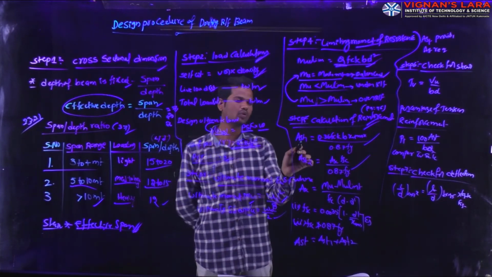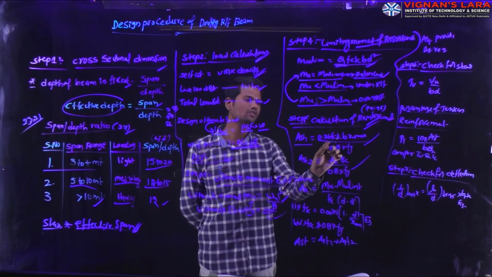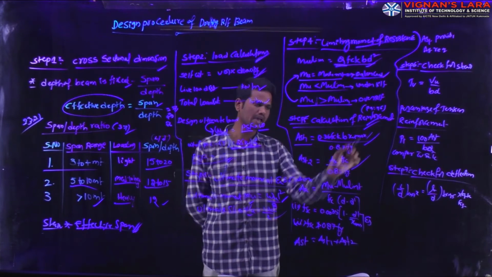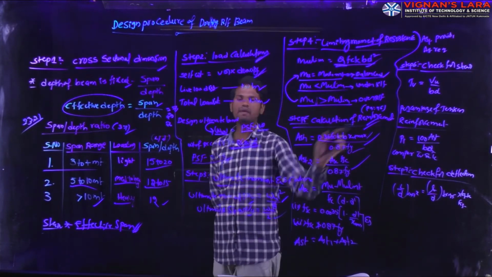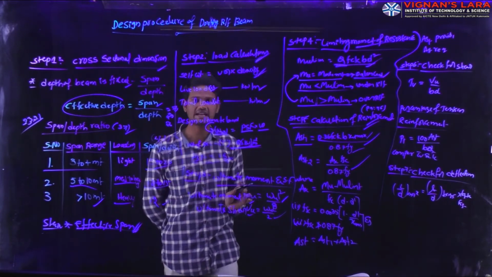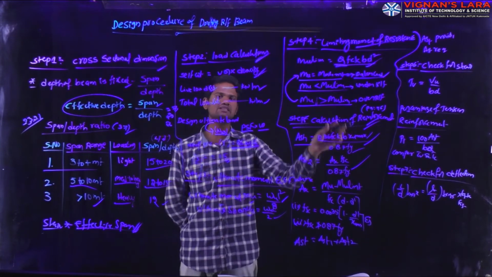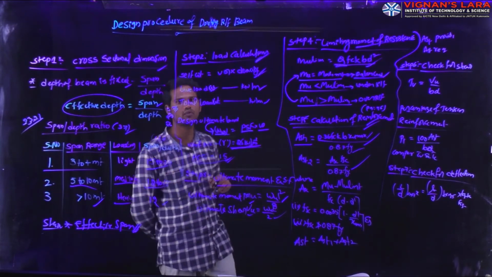For limiting moment, area of steel Ast1 equals 0.36 into fck into b into xu max divided by 0.87 into fy. Here I have mentioned xu max because I am considering this section as a balanced section. Suppose your section is an under-reinforced section, in those conditions you have to use the value xu.